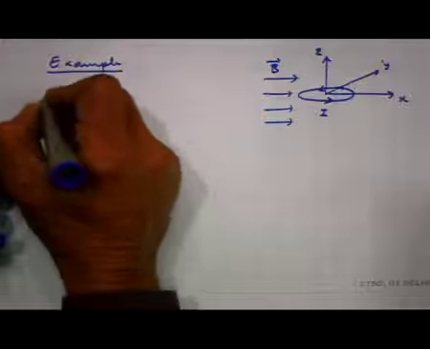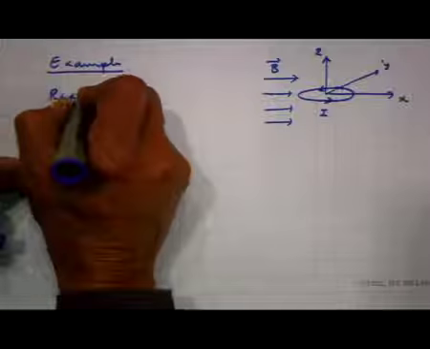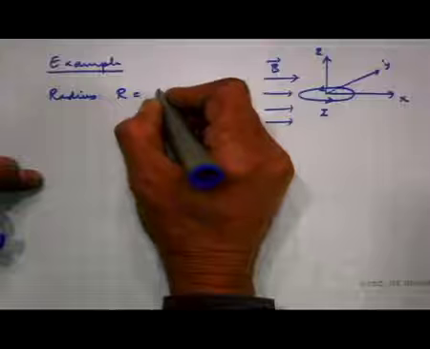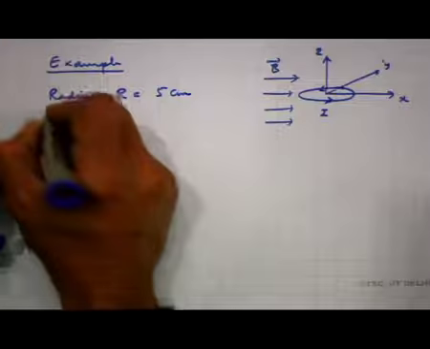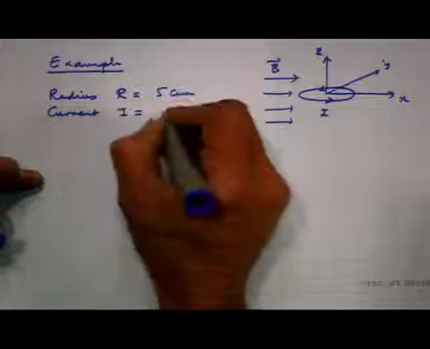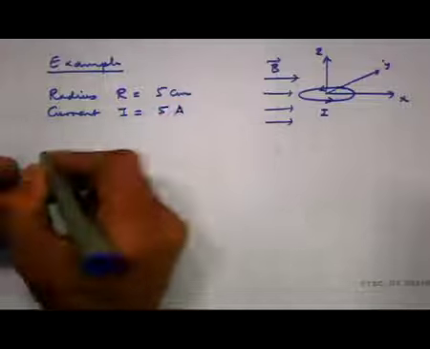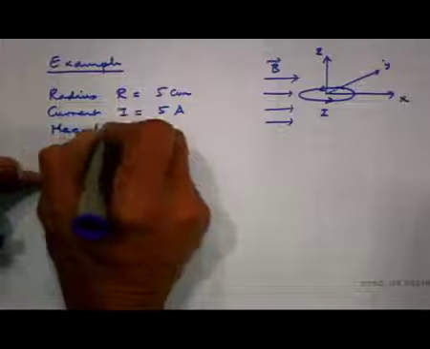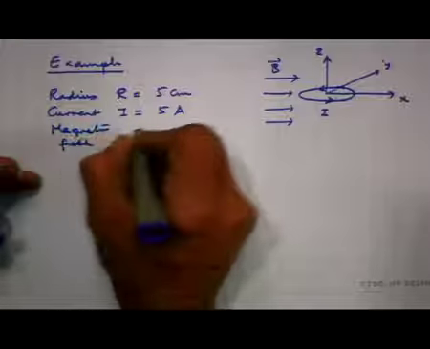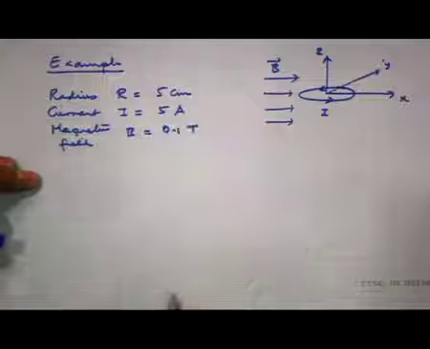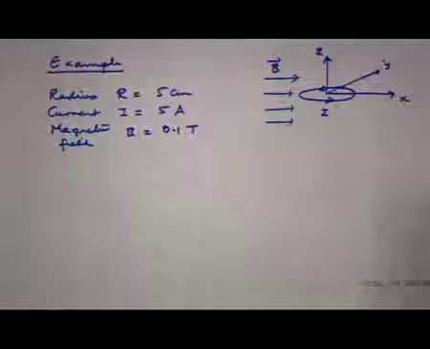So, it is given that the radius of the coil is 5 centimeters, the current through the loop is 5 amperes, and the external magnetic field B is equal to 0.1 Tesla and oriented along the x direction.